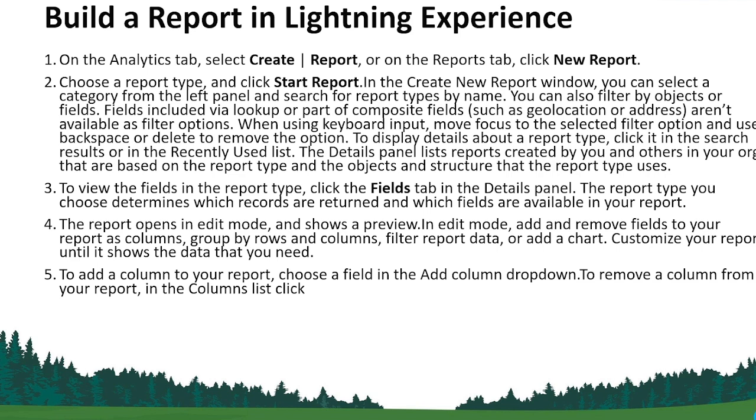When you are using any keyboard input, you are focusing on the selected filter options so that you can easily add, subtract, remove all the options. We have a report type, we are searching the results, and we will get the recently used list of the reports that were created. When we are getting the recently used list, we can easily edit the reports.